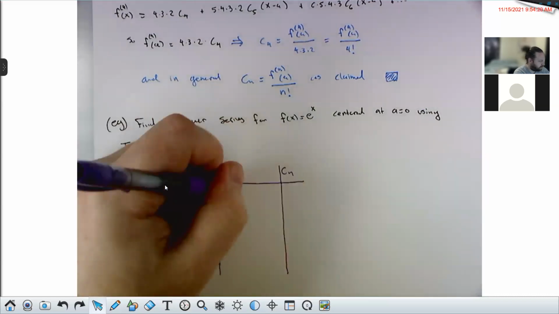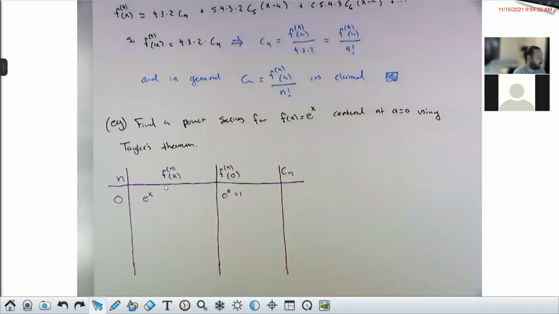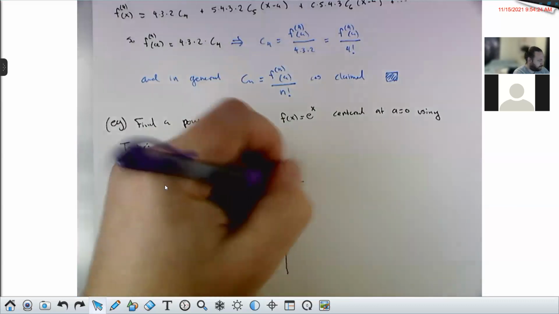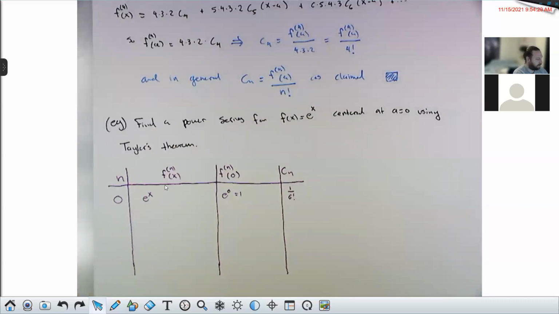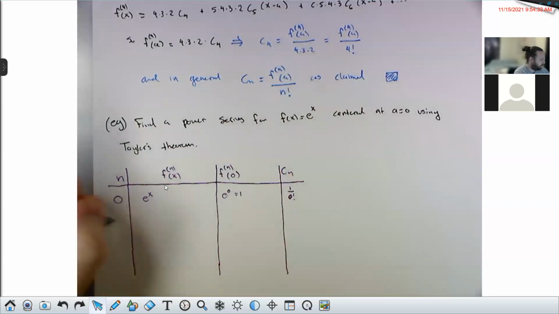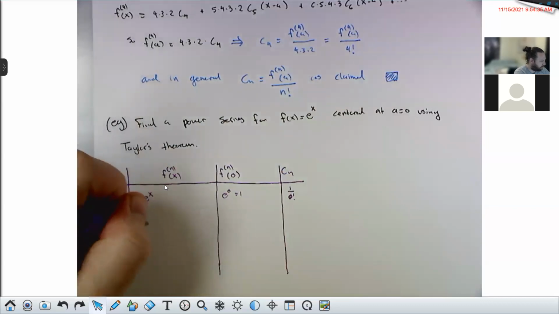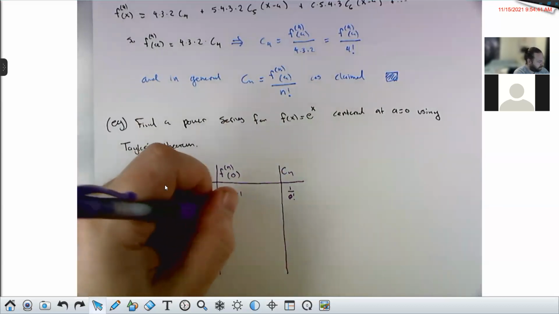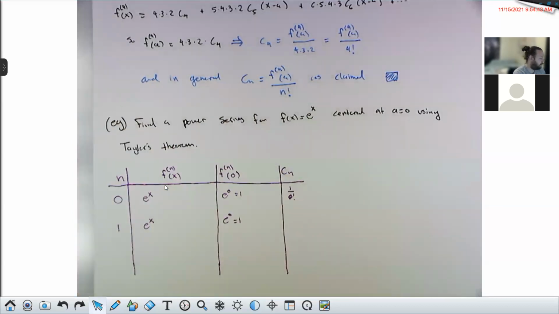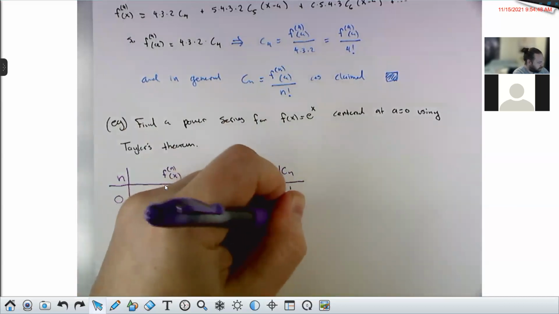So this e to the 0, which is 1, would be 1 over 0 factorial. And I'll leave it like that. When n is 1, the first derivative of e to the x is e to the x. When you plug in 0, you still have e to the 0, which is 1. And dividing by 1 factorial, you get 1 over 1 factorial.